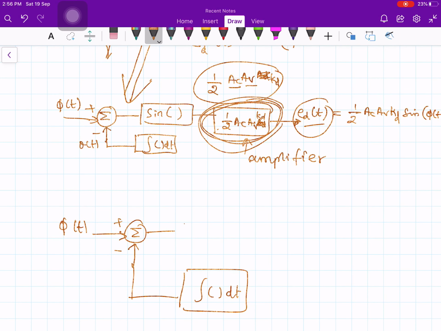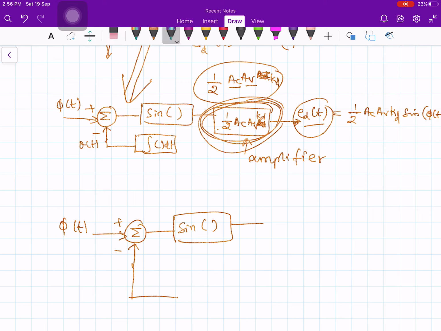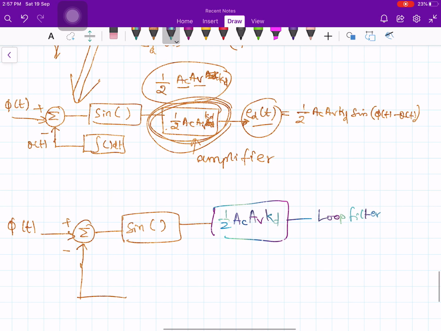Now this one is sine of that function, and then for the moment let me break them. Sine of that function, then you have multiplication factor AC times AV times KD, and this one is given to the loop filter and loop amplifier.